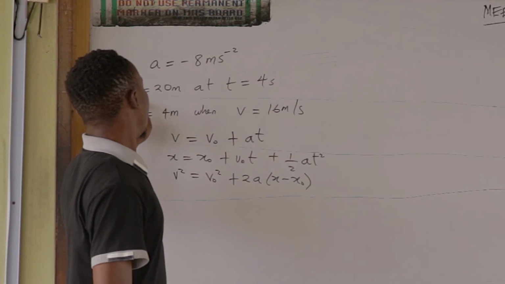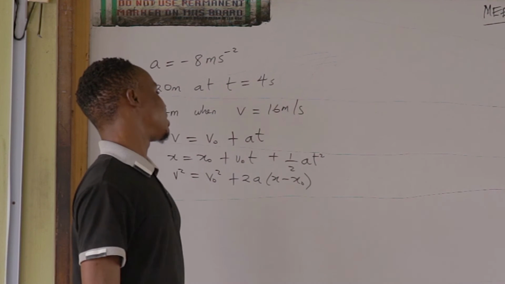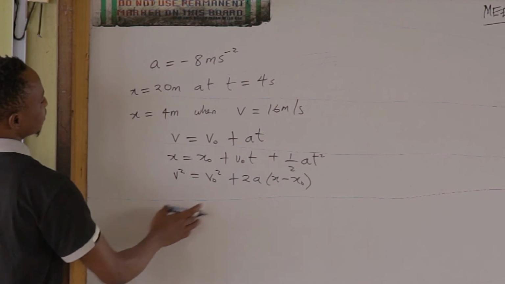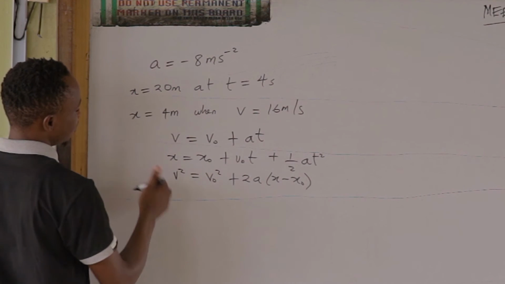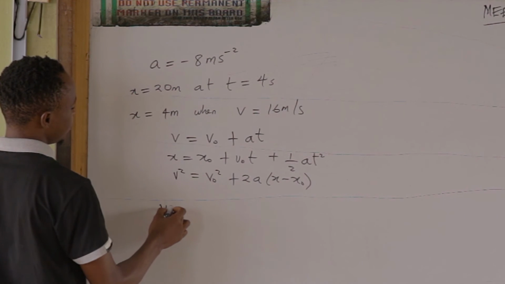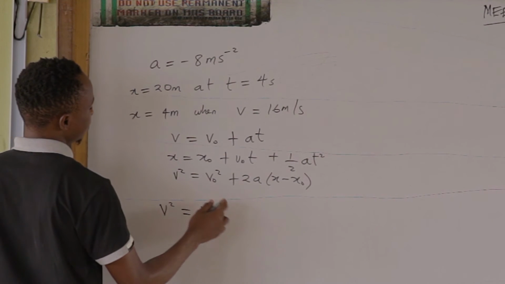So I have X equal to 4 meters when V equal to 16. With that, I can do something like this. Listen very well. V squared is equal to V naught squared plus 2 into acceleration into X minus X naught.